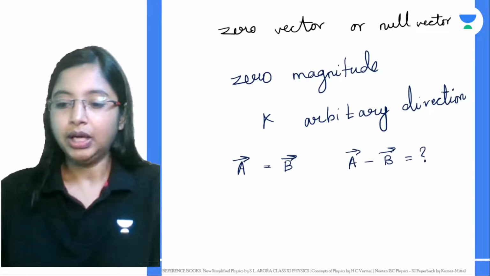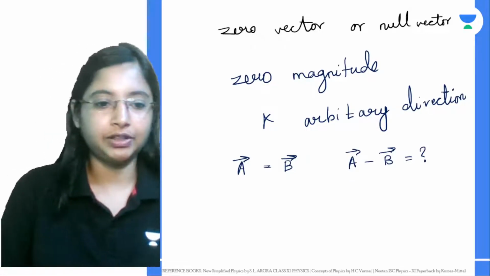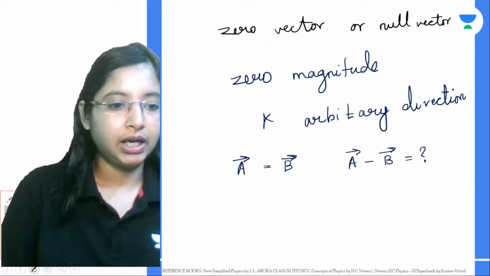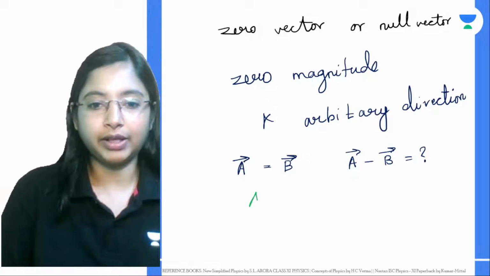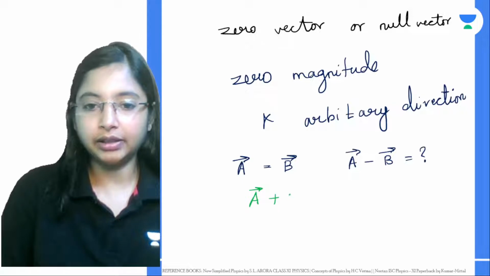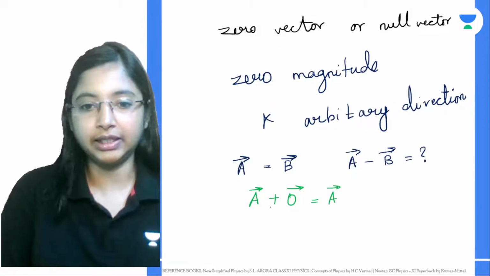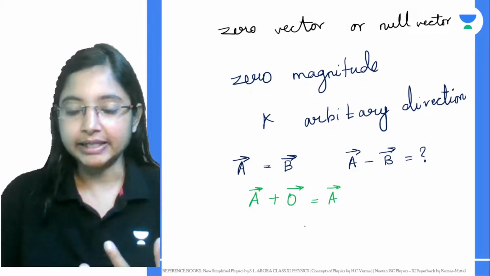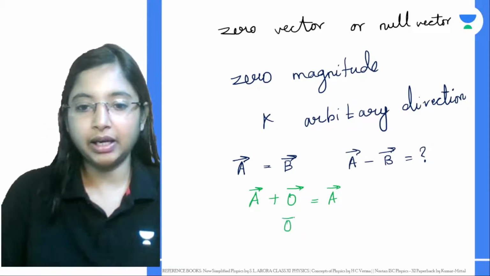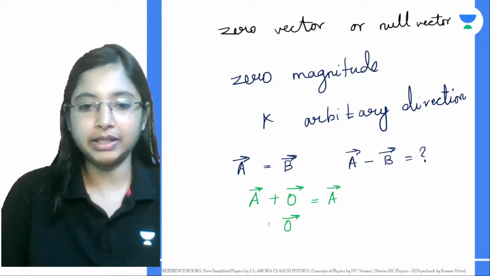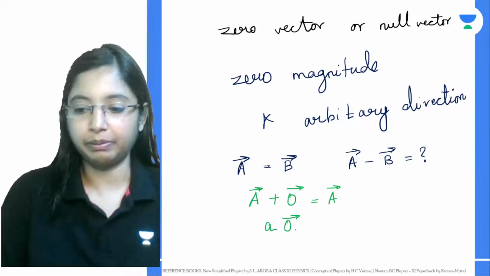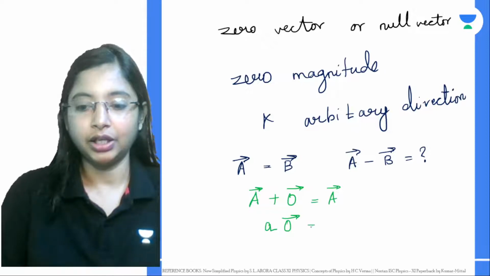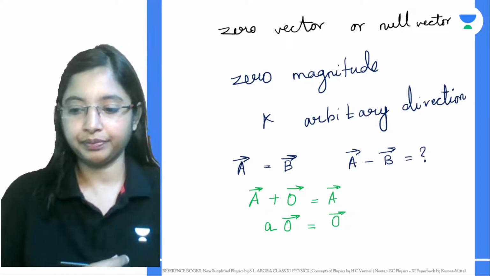So it's basically a vanishing vector. Now some of the properties of this vanishing vector, or null vector: if you add a zero vector with a vector, you will still get this particular vector. If you multiply a real number, for example a, with a zero vector, again you will get a zero vector only.